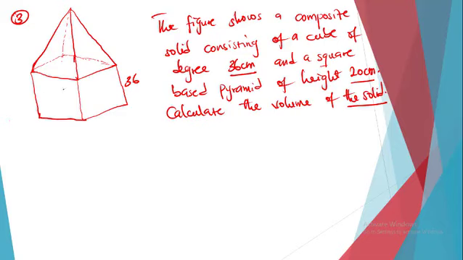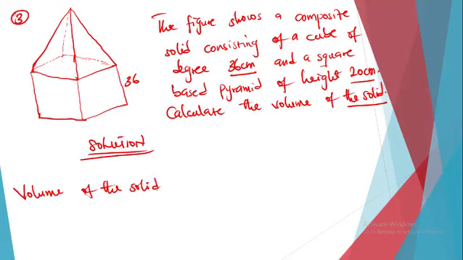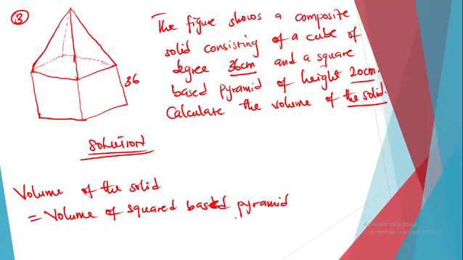Okay, we start. Solution. So the volume of the solid is equal to the volume of square based pyramid plus the volume of cube.